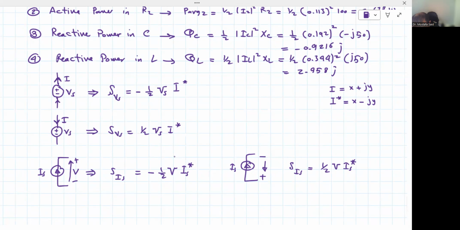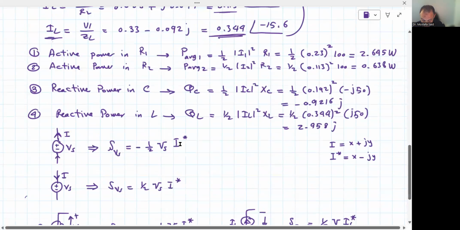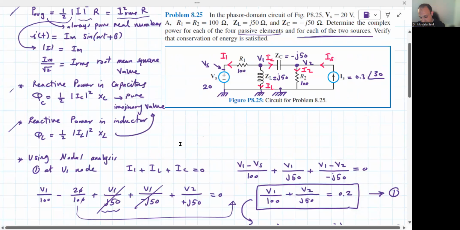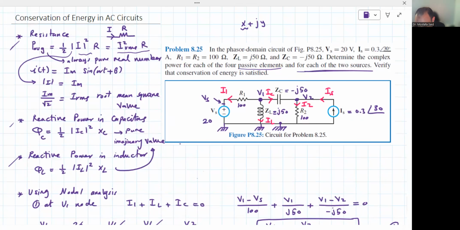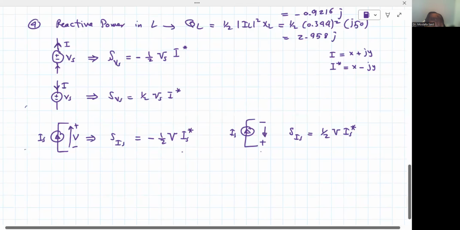That's basically how we calculate the power for the sources. So we now have the formulas for the sources. Let's see which of these four formulas we should apply in our cases. Let's check VS first. For VS, the current is going into the positive terminal, so we should apply this one.